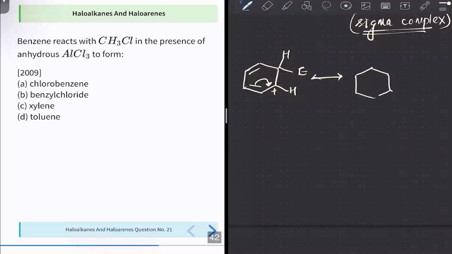So the carbocation will shift here and the double bond will shift here. Again, this double bond will attack here and the carbocation will shift right here.